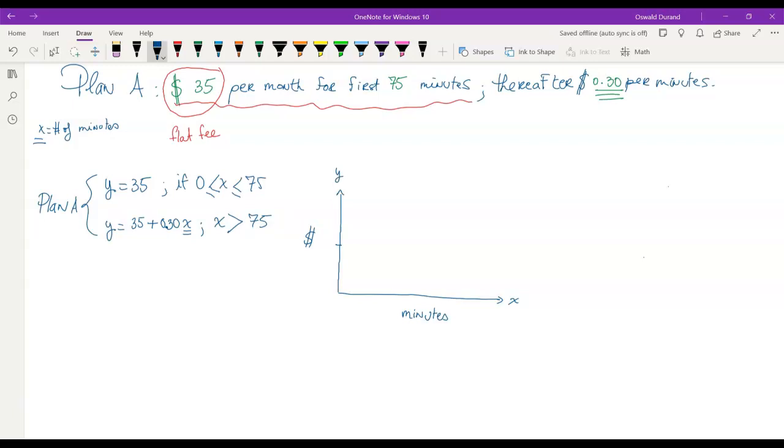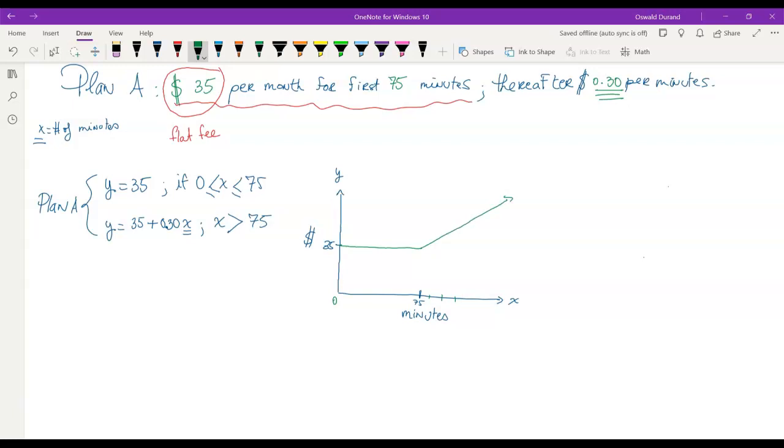So if this is 35 here, and let's say here is 75 minutes, then I have a flat fee of $35 between 0 and 75. And then after 75, you start adding 80, 90, 100, you plug it into this equation, and then you start having an increase here.